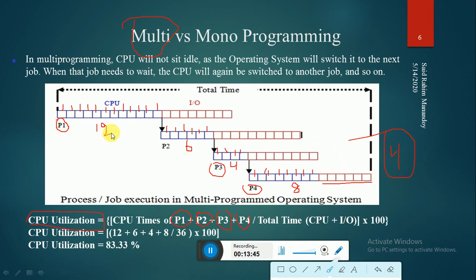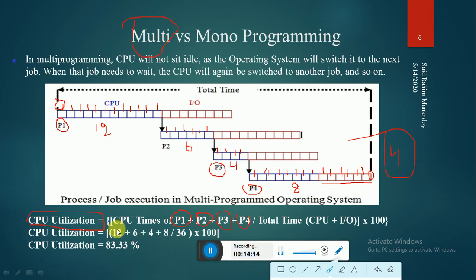Now 12 plus 6 is equal to 18, 18 plus 4 is equal to 22, 22 plus 8 is equal to 30, 30, 31, 32, 33, 34, 35, 36. So the total time starting from this point all the way to this point is actually 36 milliseconds.